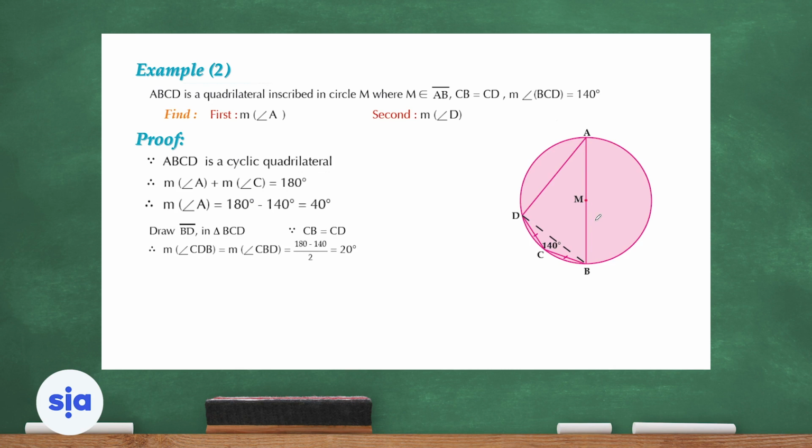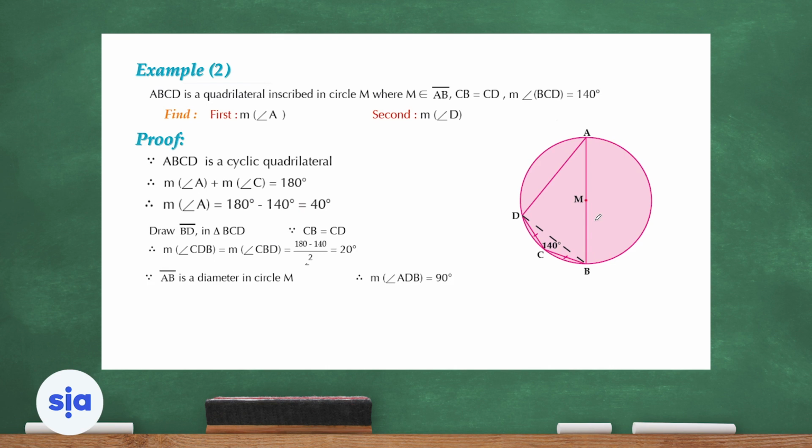Let's now draw segment BD in triangle BCD. As long as CB is equal to CD, which was given, the measure of angle CDB is equal to the measure of angle CBD, which is 180 minus 140 divided by 2, so each is 20 degrees.